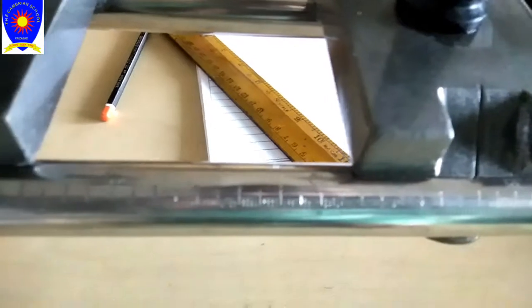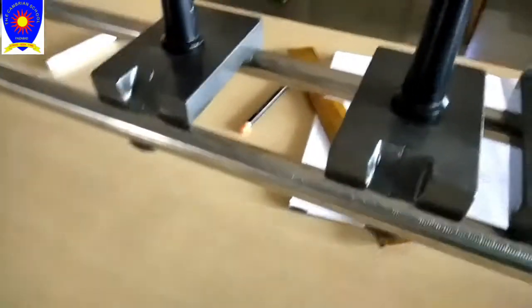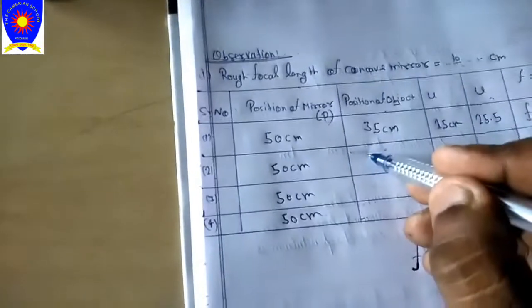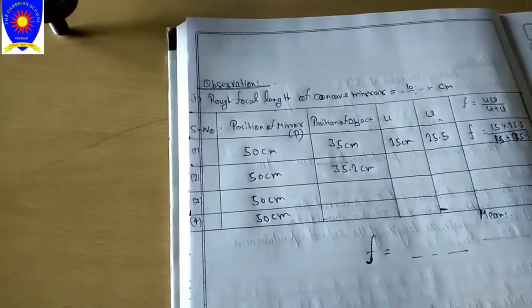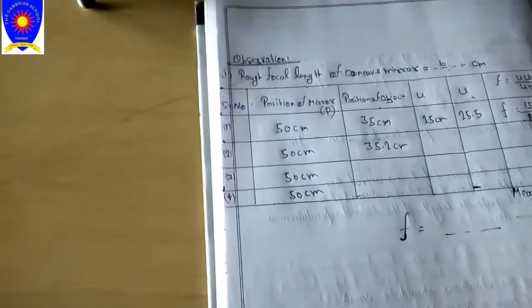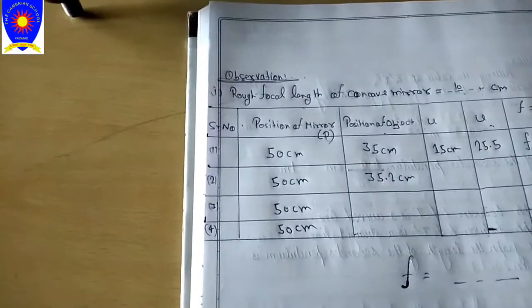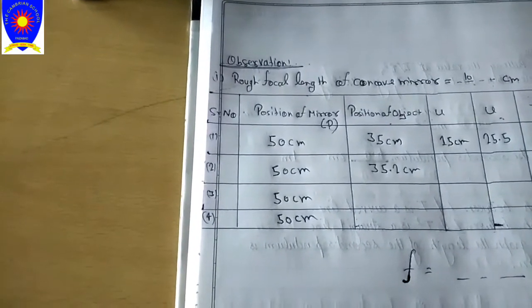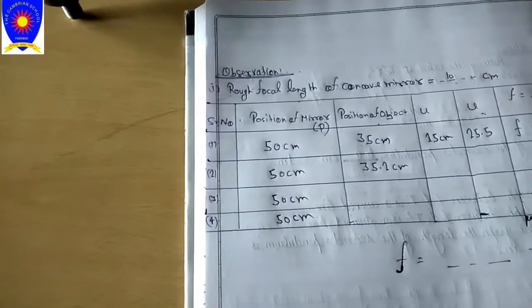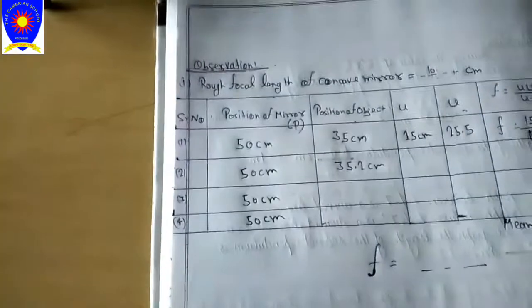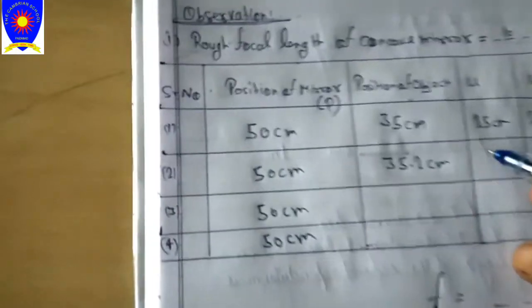U is 35.2, 35.2 centimeter is the value of U. Now subtract it from 50. So 50 minus 35.2, after solving this, you will get 14.8. This is U.